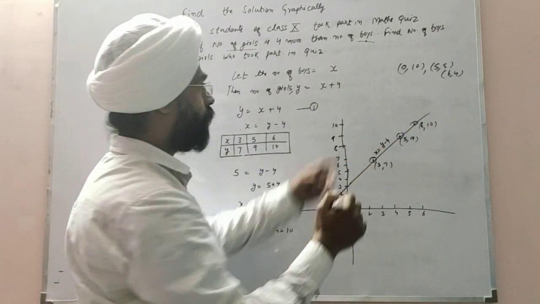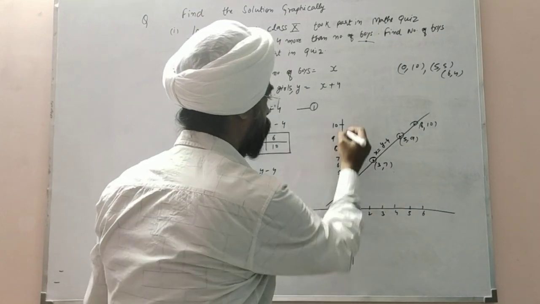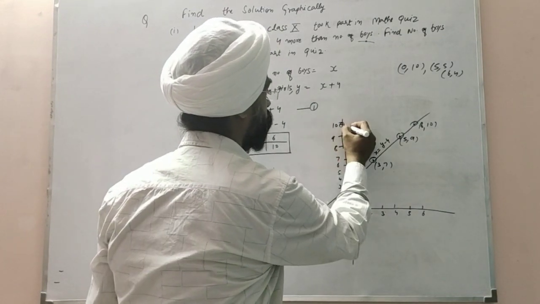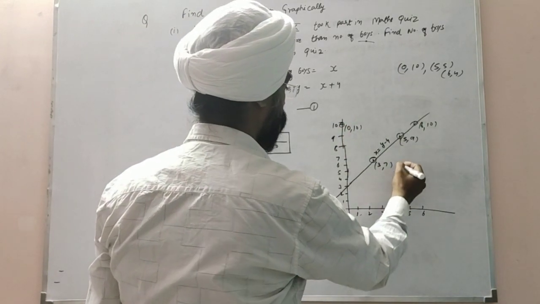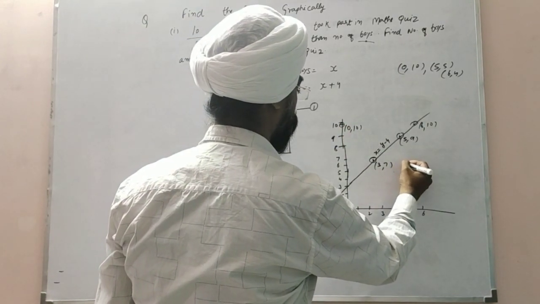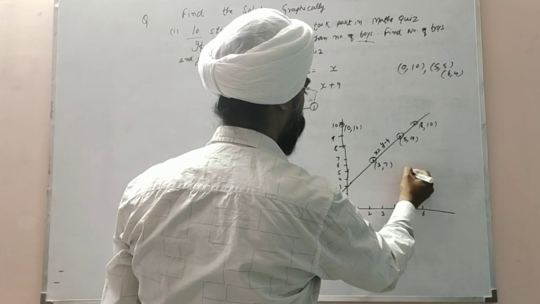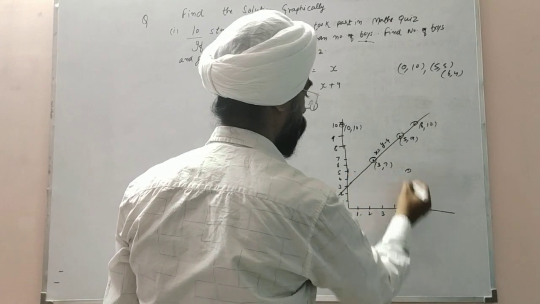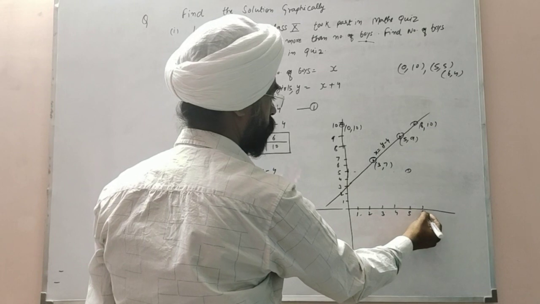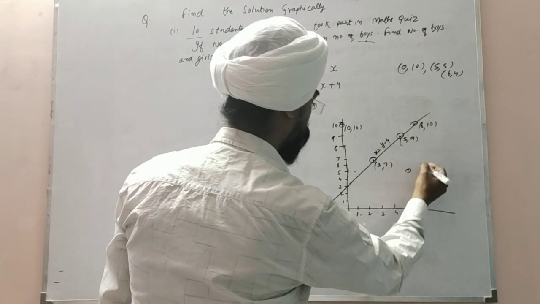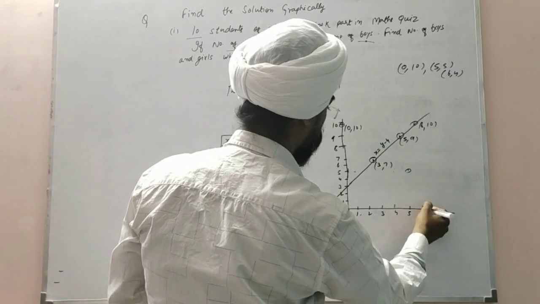Now the second points: x 0, y 10. When x is 0, y will be 10. This is the point x 0 and y 10. Then 5, 5: x 5 and y again 5. This is this point. Then x 6 and y 4.